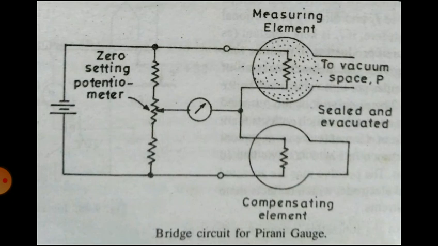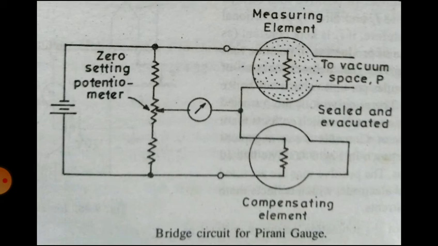Two identical Pirani tubes generally are connected in the bridge circuit. One of the tubes is evacuated to a very low pressure and then sealed off, while the other has the gas admitted to it. So in the Pirani gauge, two tubes are used. One is a compensating element, and the other is used for the measurement of the vacuum.